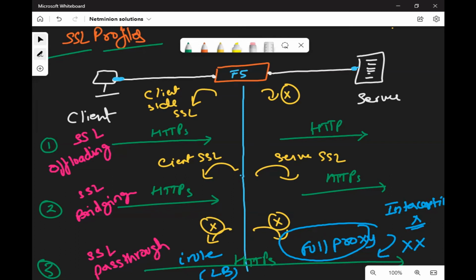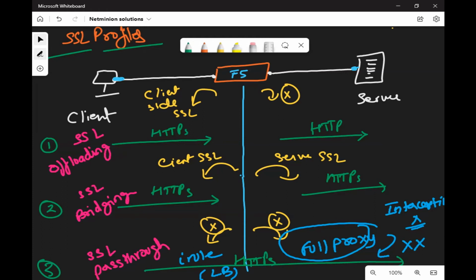If you see the 2 and 3, the difference is that in 2, SSL decryption and encryption both are getting performed. In 3, F5 is bypassed, passed through. This part clear?